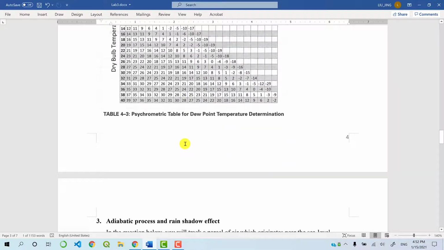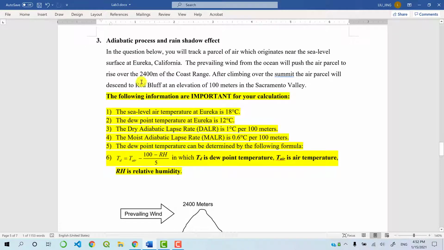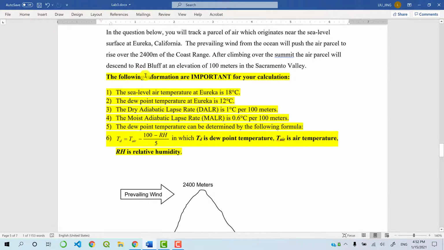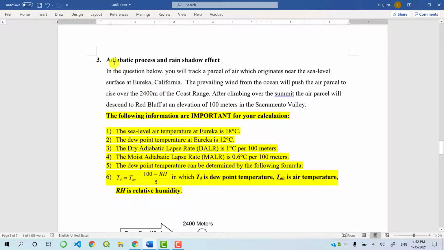Question number 3, like I highlighted here, it's very important to keep in mind this information, but let me walk you through. This question is about adiabatic cooling and warming processes, and to understand the rain shadow effect. It's a real-world scenario.